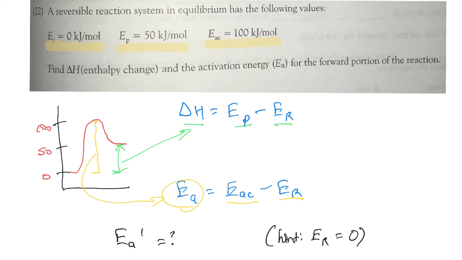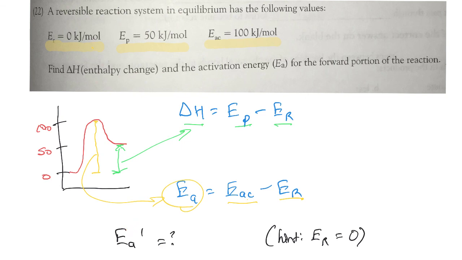It's just the opposite sign, okay? Now it's a negative number because it's giving off energy to go from here to here. The other thing you need to notice is we're only going from 50 up to 100, okay? So the difference between these two is going to be the activation energy for the reverse reaction.